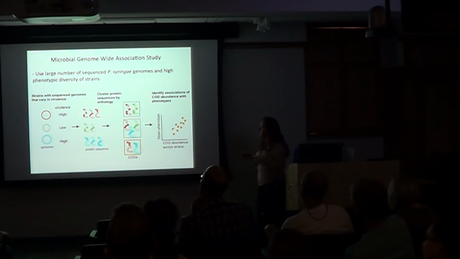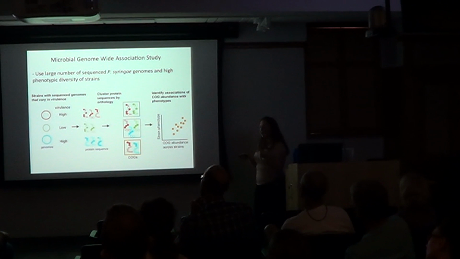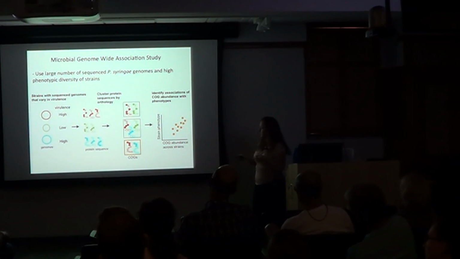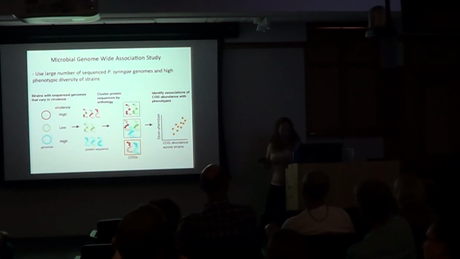Take all of their protein coding sequences and cluster those into COGs, clusters of orthologous groups. And then look to see what COGs are present in each strain and how that correlates with their virulence. So you would do a correlation between the strain phenotype, in this case virulence, and the abundance of genes in a COG that each strain has.